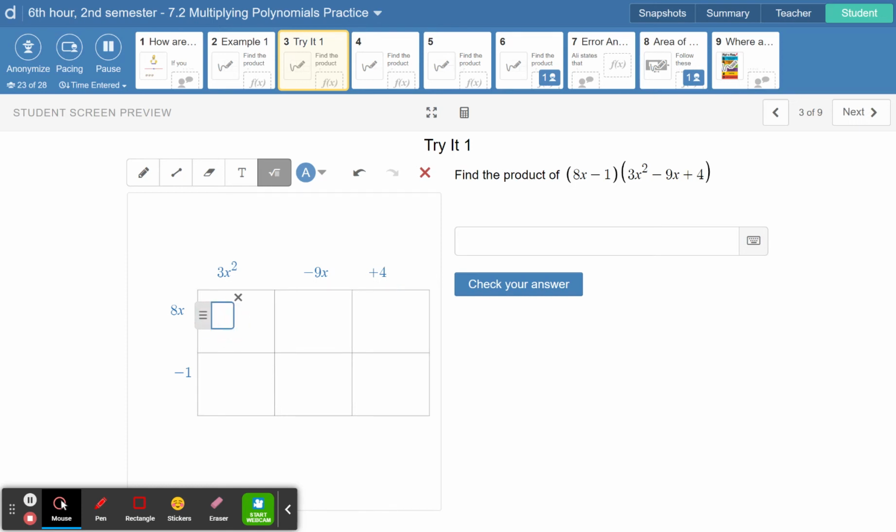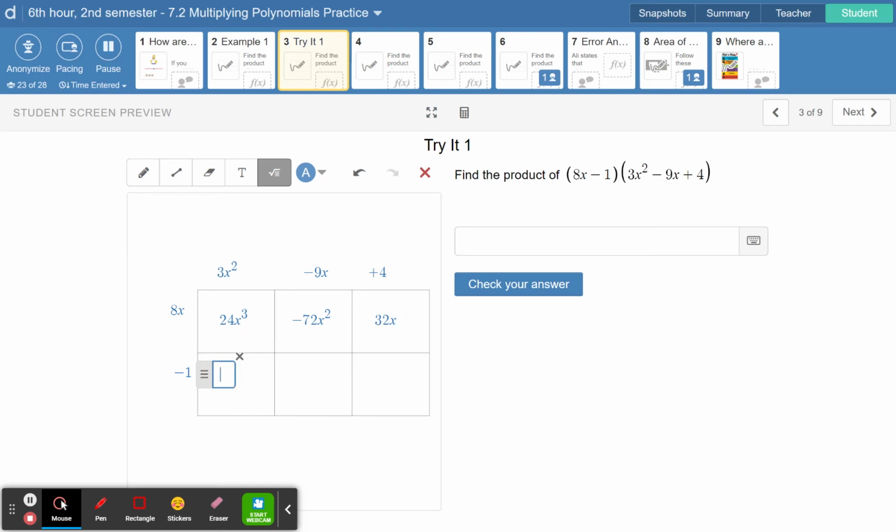And you just multiply. So remember that's really x to the first power. So we got 24x to the third because 2 plus 1 is 3. Now negative 9 times 8 is negative 72. Add the exponents. We have x times x, which gets us x squared because we added the 1 and the 1. And then 32x.